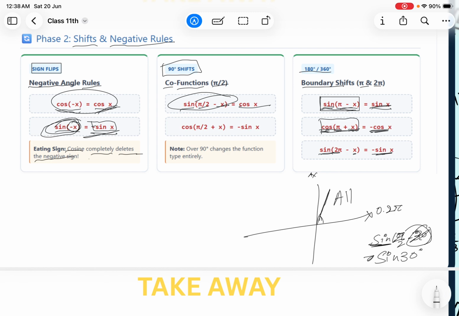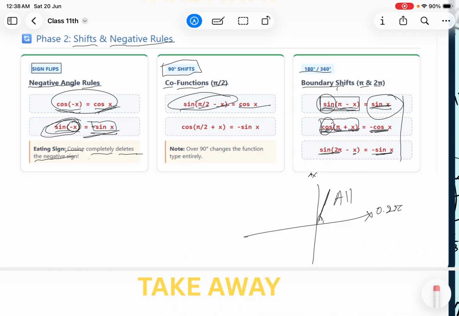Okay, so the signs here are decided on the basis of the conversion we are doing, for example sine to cos, and its location is very important. So here you see sine pi minus x.